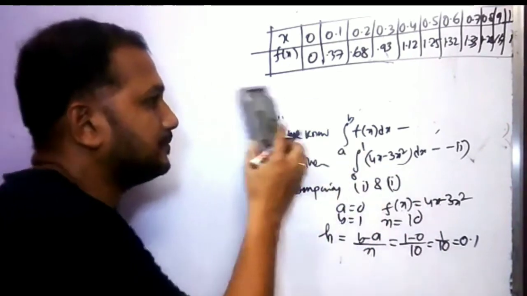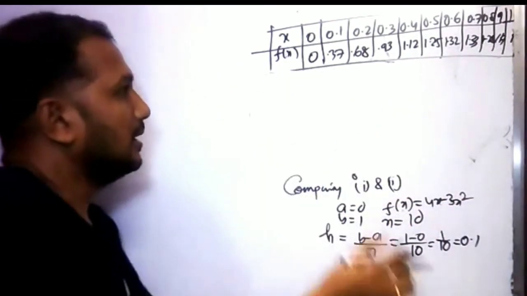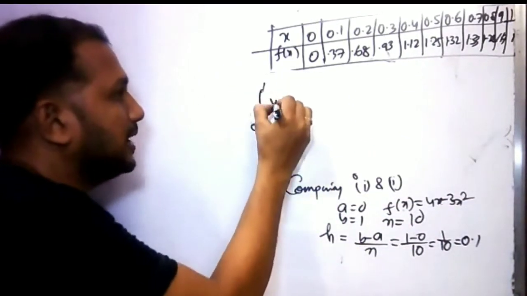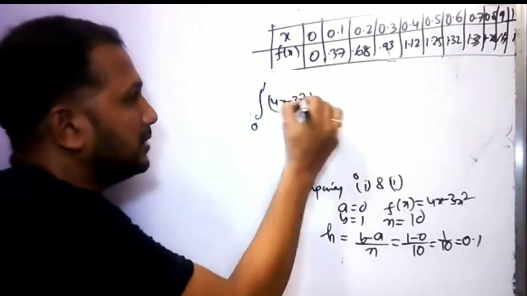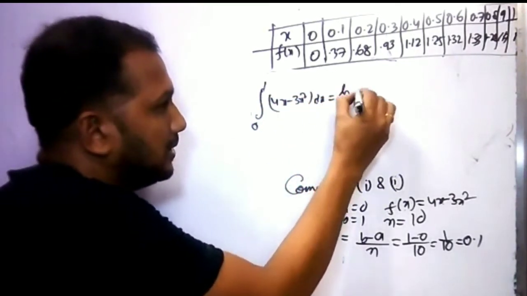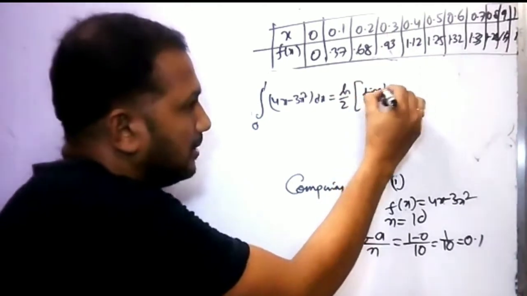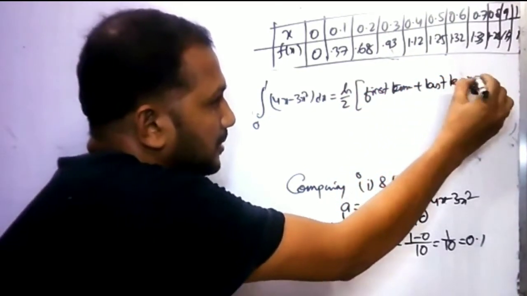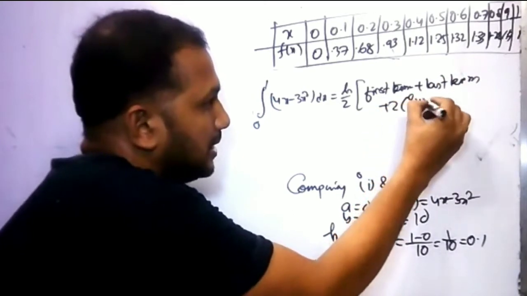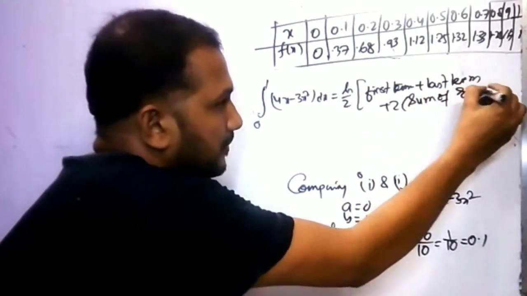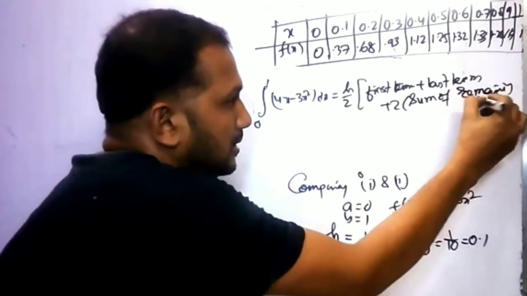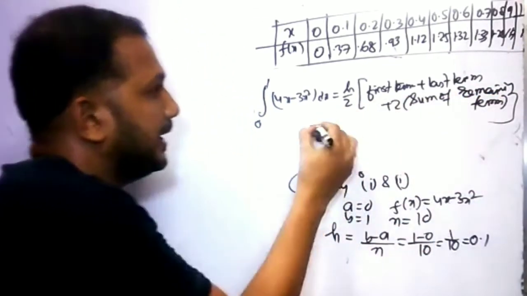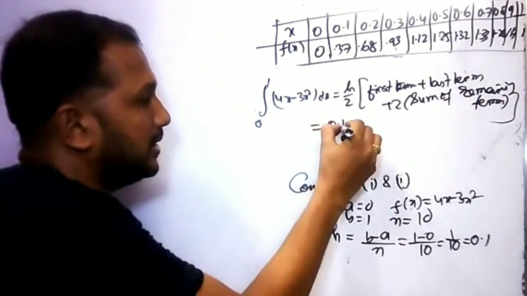Now the formula. The integral from 0 to 1 of 4x minus 3x squared dx equals h by 2 times the first term plus the last term, plus 2 times the sum of the remaining terms. Here h is 0.1, so 0.1 by 2.